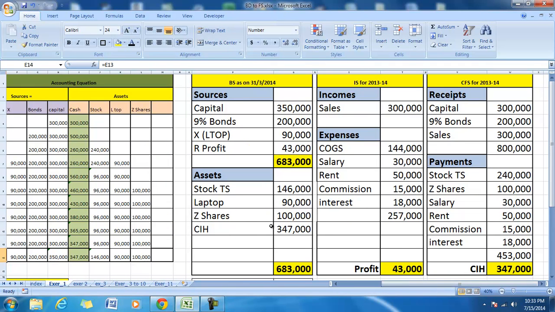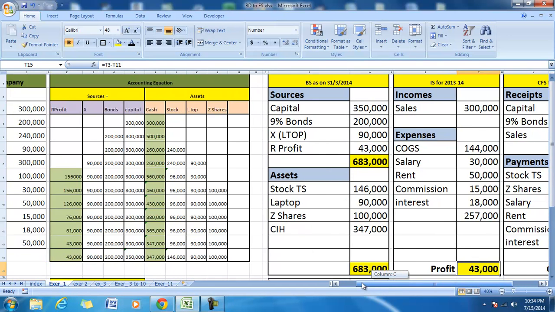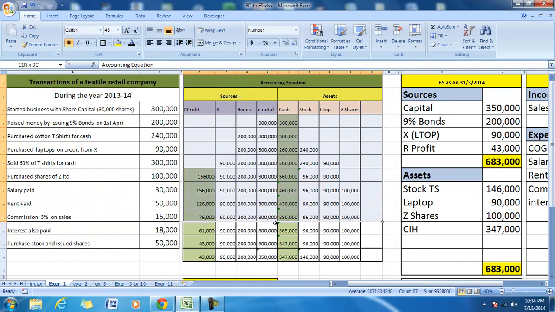In the same way, here we know exactly what are the total receipts during the period, total payments during the period, so the cash in hand, total incomes during the period, total expenses during the period, so there is a profit. So such an explicit information, such clear information is not available in the accounting equation.